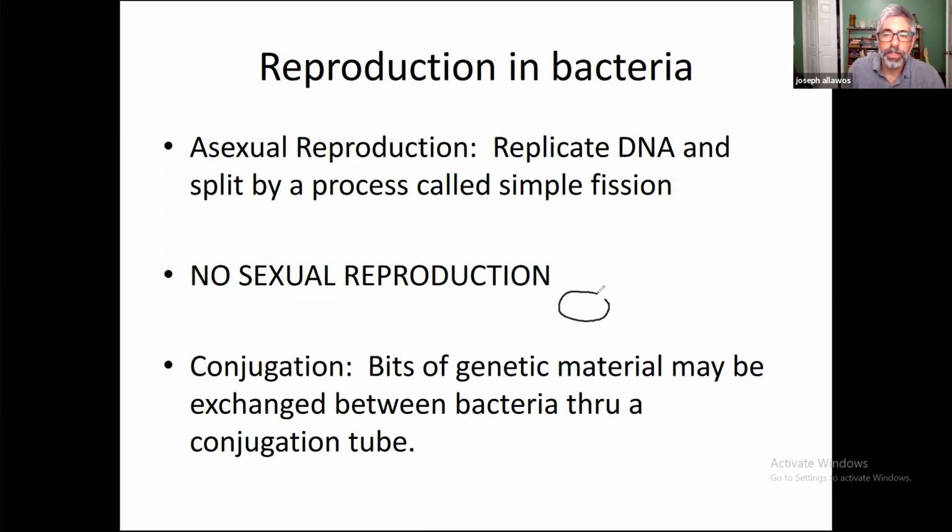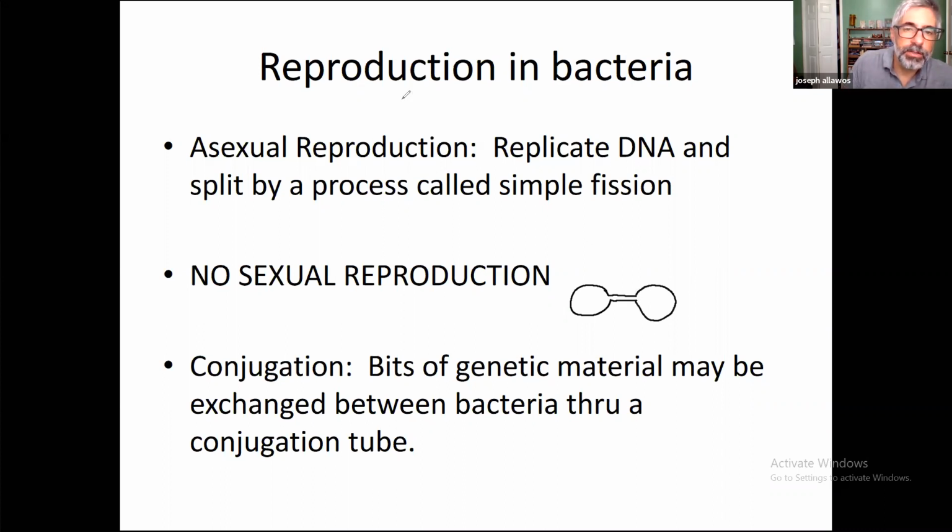You can have two bacteria and they'll actually form what's called a conjugation tube. Remember those little things called pili, those little finger-like extensions. Well, they can form this conjugation tube between them like this.